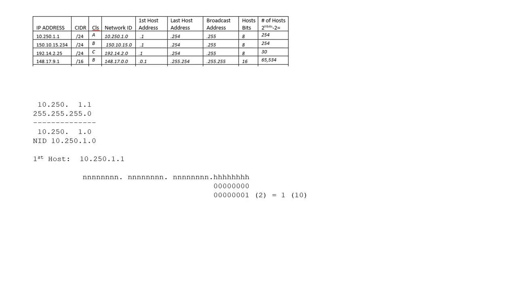If you keep counting through these, the very last one, if you have 8 ones there, that's in binary equivalent to 255 in decimal.